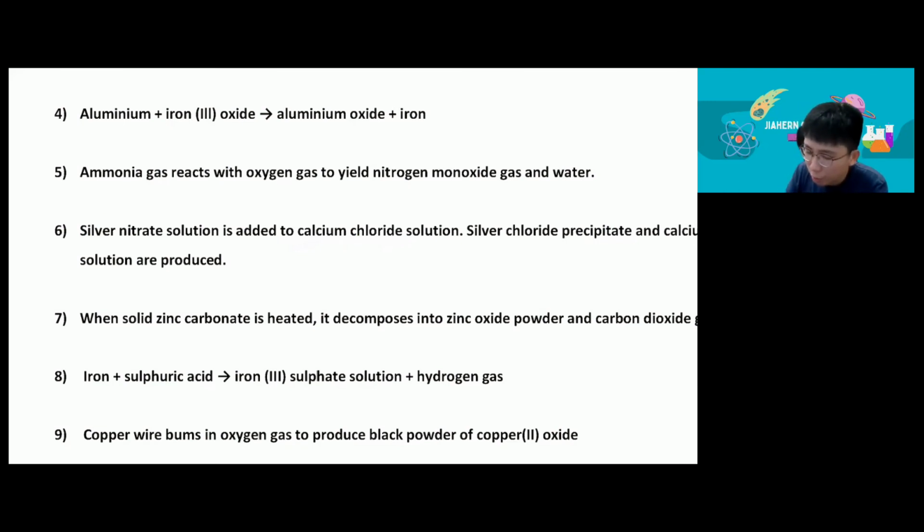Silver nitrate, silver is Ag plus, nitrate is NO3 minus, 1 minus, calcium is Ca2 plus, chloride is Cl minus. So when you combine them together, if it's 1 plus 1 minus, you just combine them in ratio 1 to 1. You're going to get AgNO3 added to calcium chloride.